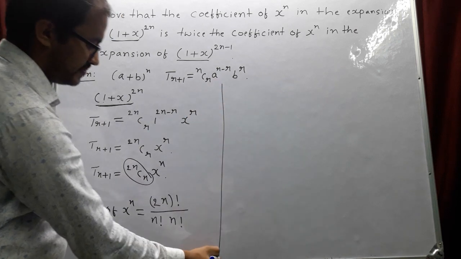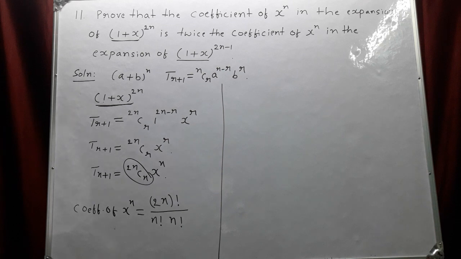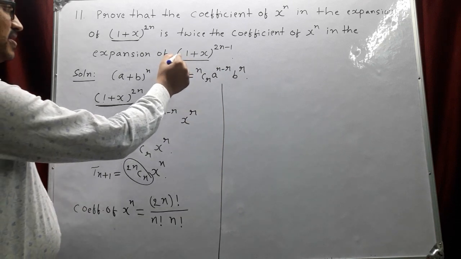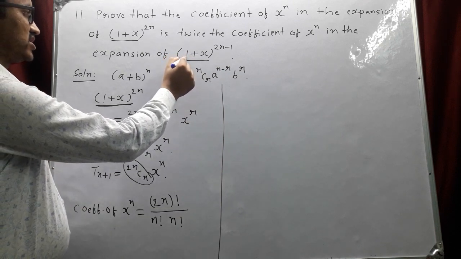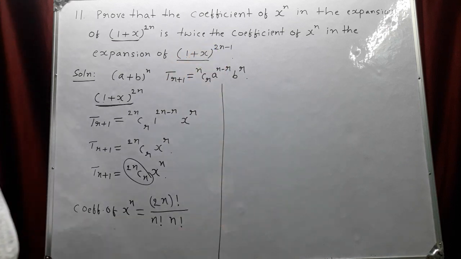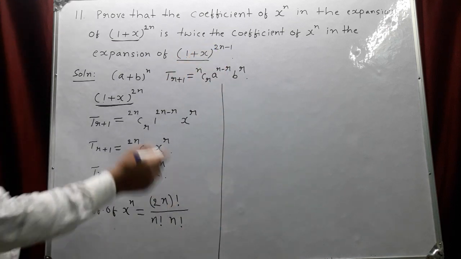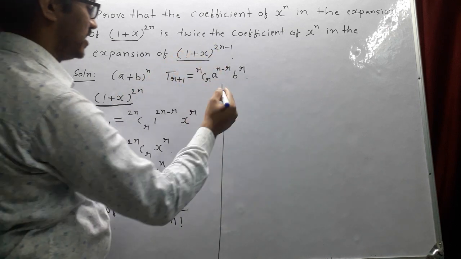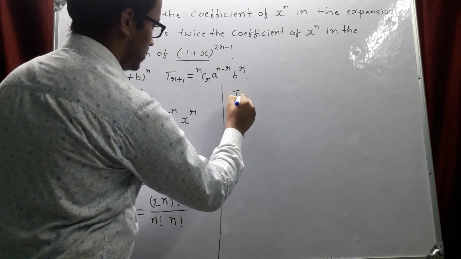Similarly, we are going to find the coefficient of x^n in the expansion (1+x)^(2n-1). First we are going to write the general term.